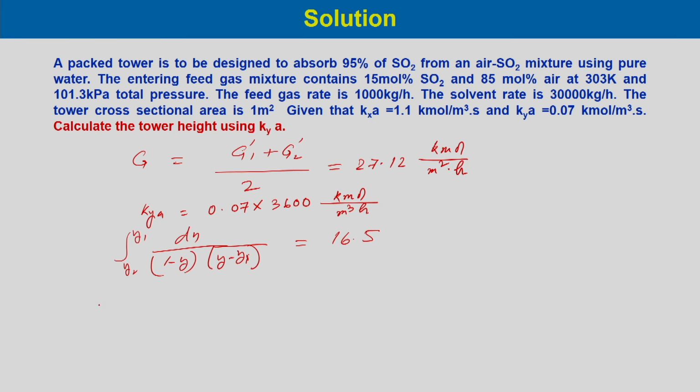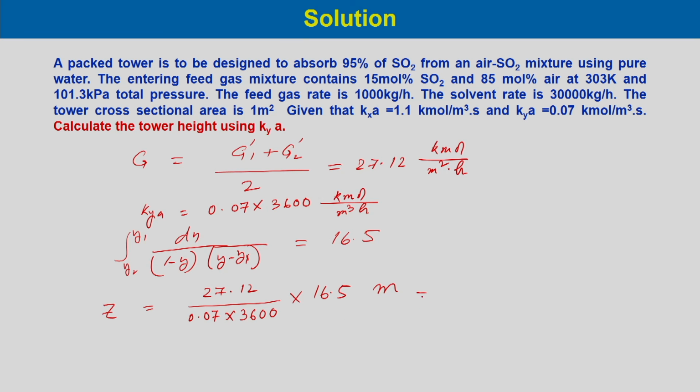So, we can calculate Z by putting in the values: 27.12 divided by (0.07 into 3600) into 16.5 meter.